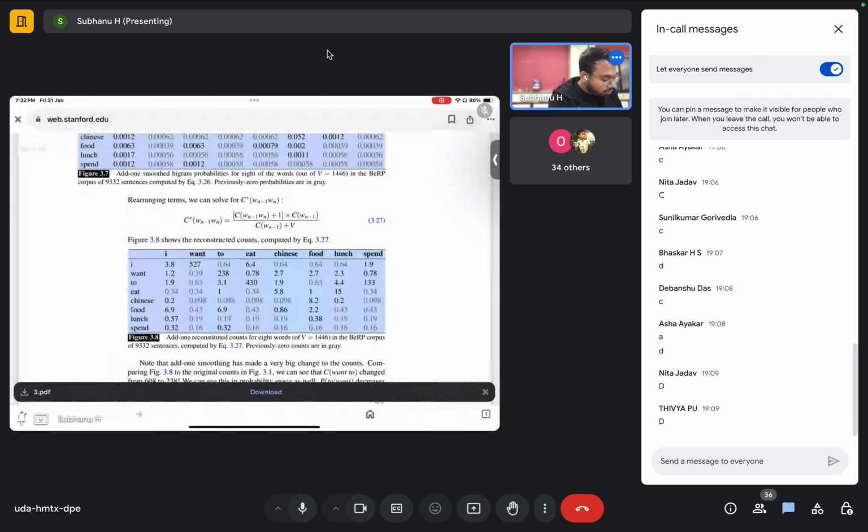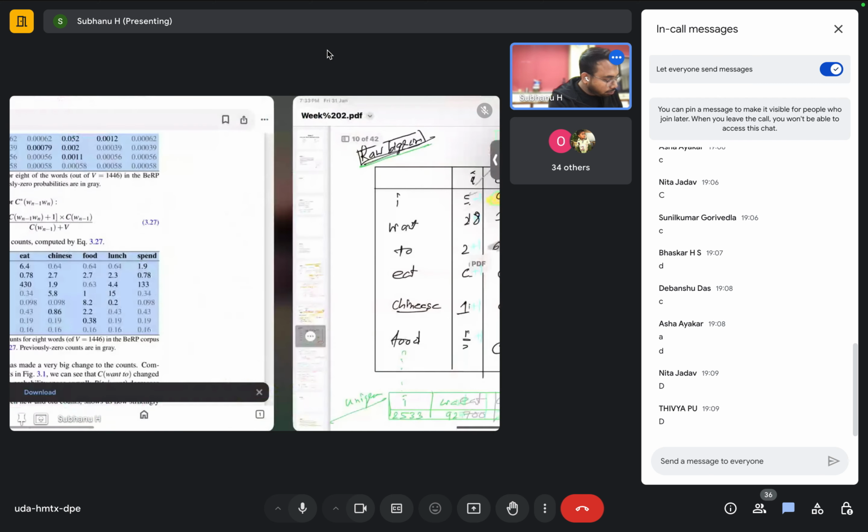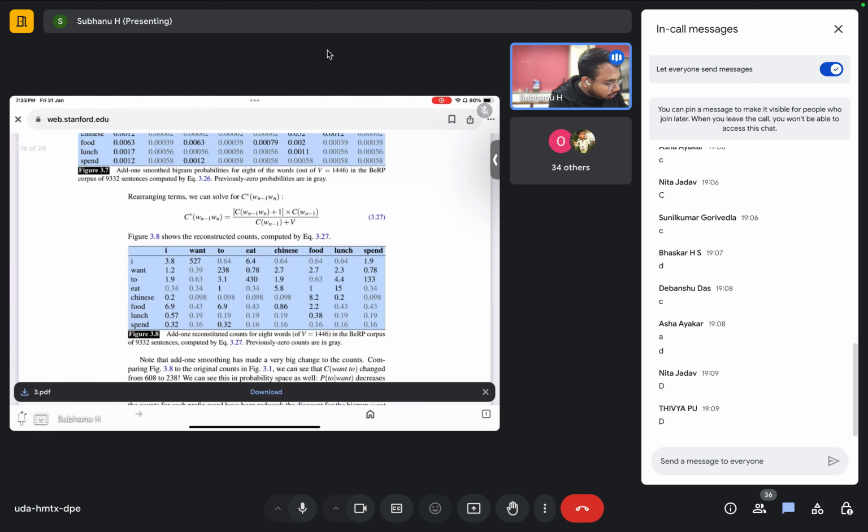If you see here at I, it became 3.8 from 5. But this Chinese got significant exposure, 0.64.